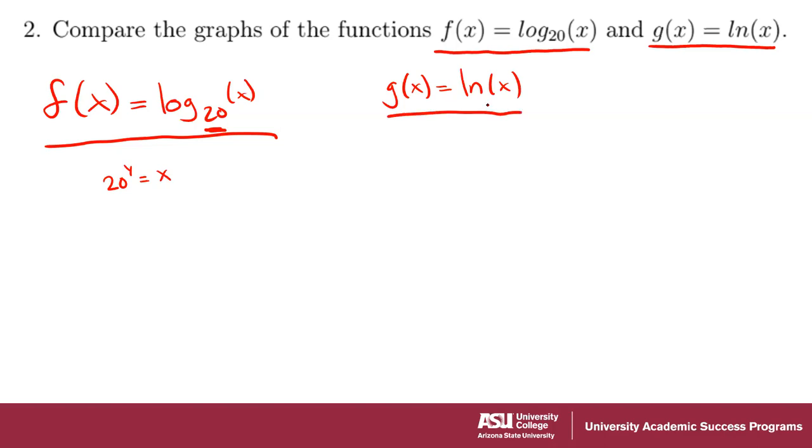And with this one, we see it's ln of x, not log. So what is this one then? What's ln mean? How can we write it as log of x?